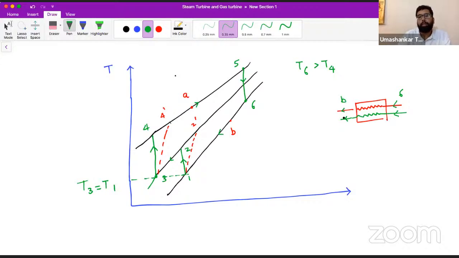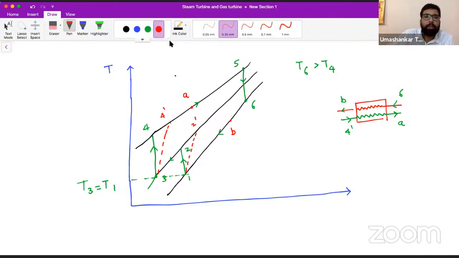So this is 6 to B, and this is going from 4 dash to A. So our regenerator will play between these points.